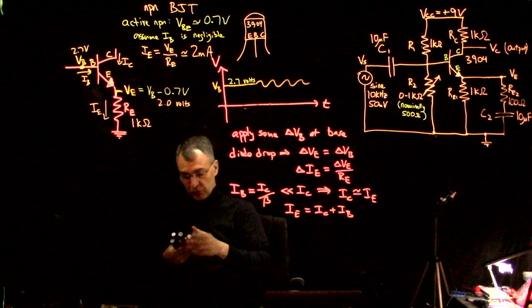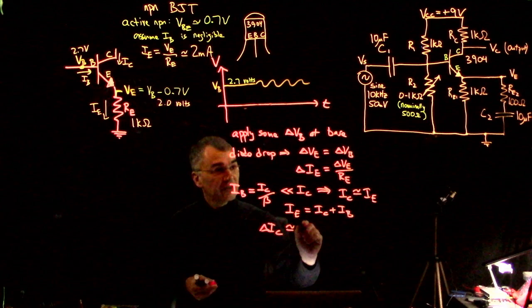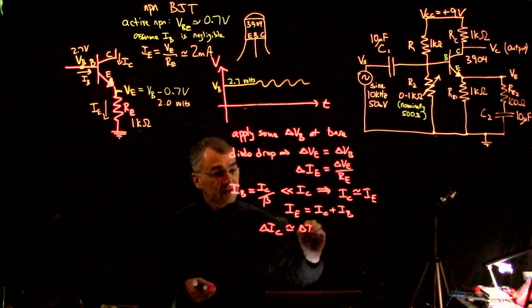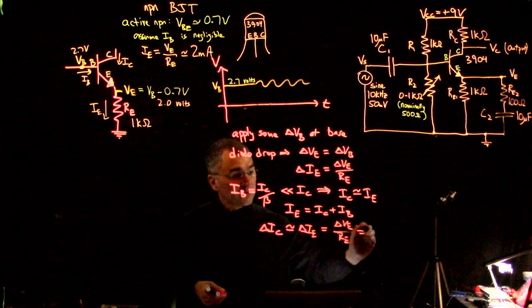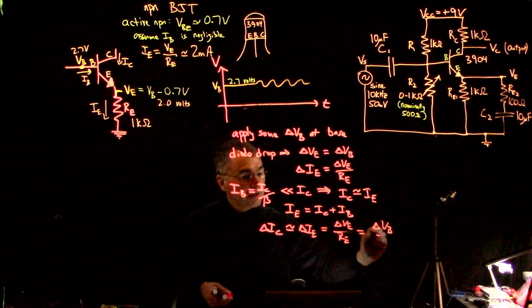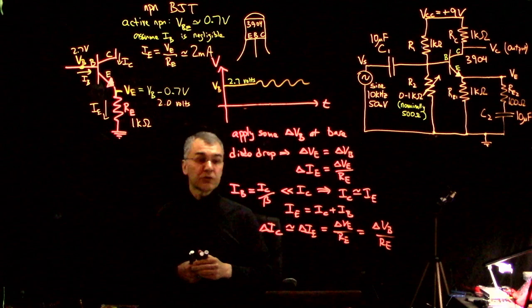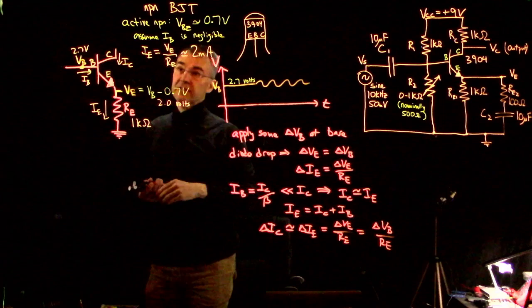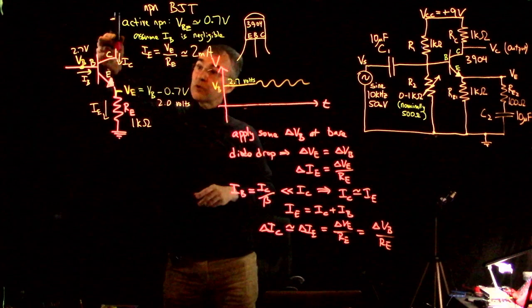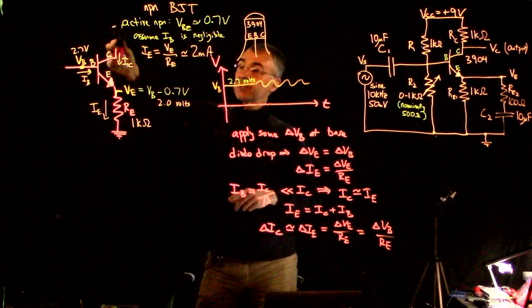So then that says that delta IC is approximately the same as delta IE, which is delta VE over RE, which of course was the same thing as delta VB over RE. So far, so good. And now of course this all depended on, remember in the emitter follower, we just connected the collector directly up to plus 9 volts or whatever our power supply was, up to VCC.